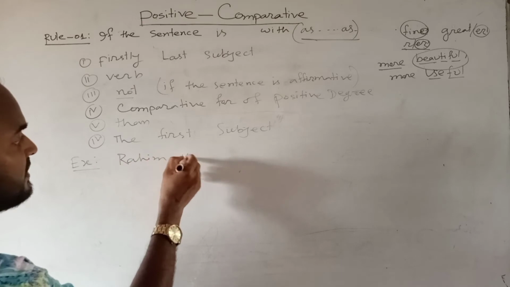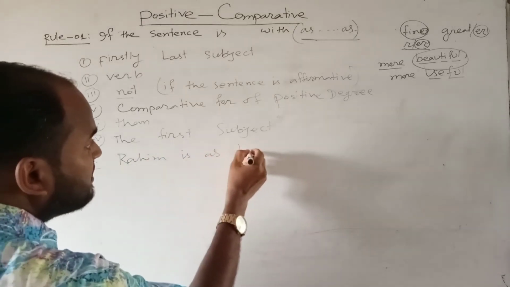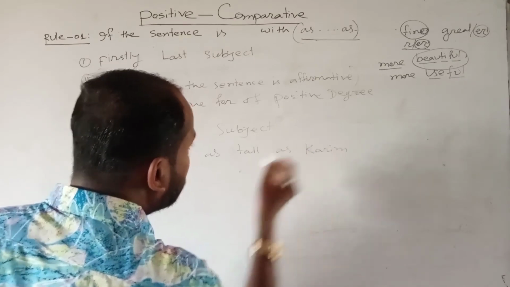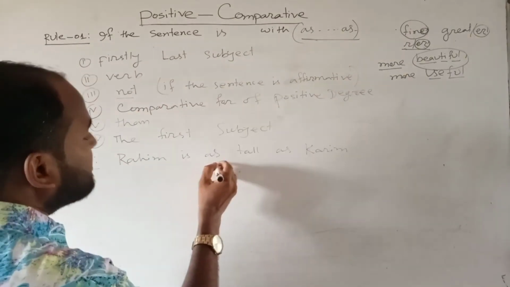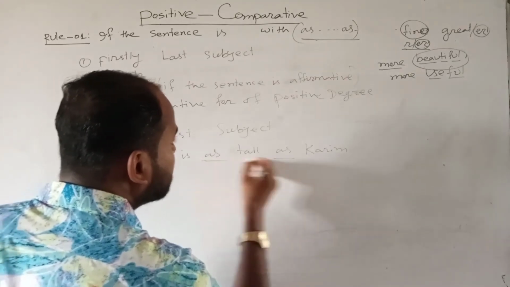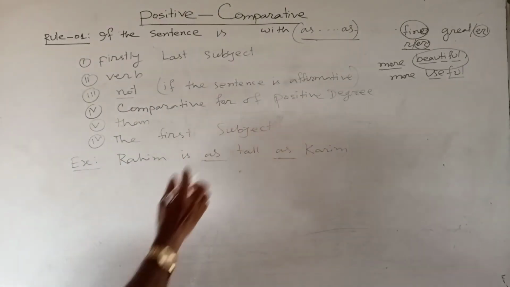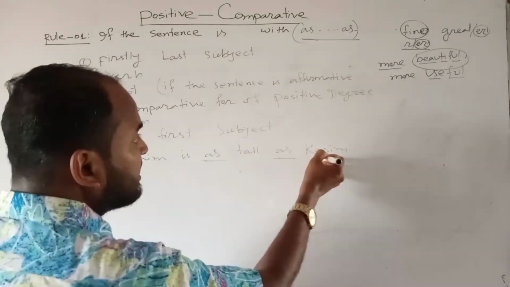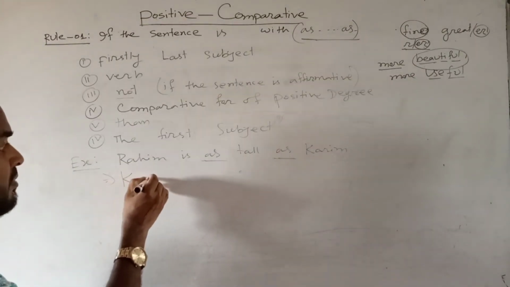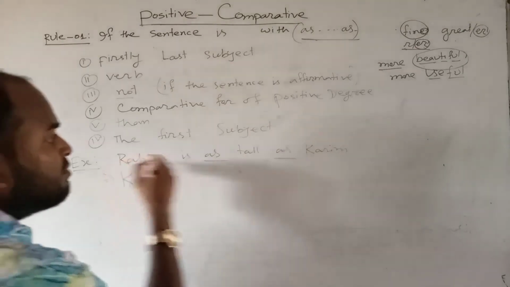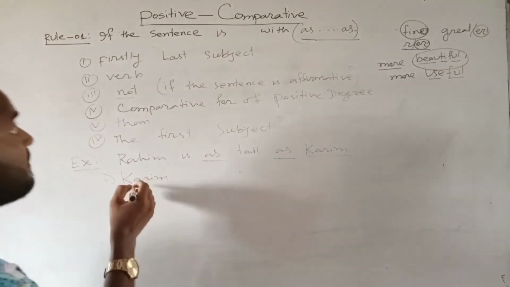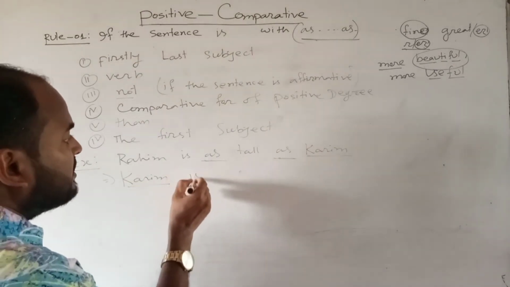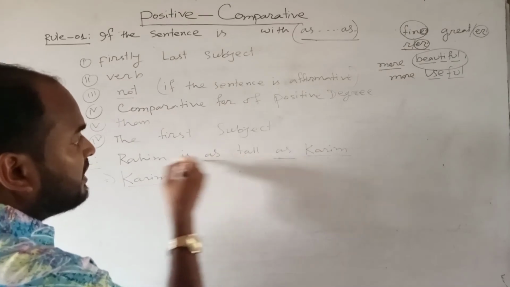Rohim is as tall as Karim. If the positive sentence is with "as... as," then firstly we have to write the last subject, Karim. The first subject is Rohim, but the last subject is Karim. So we write the last subject Karim, then the verb "is," and then "not."